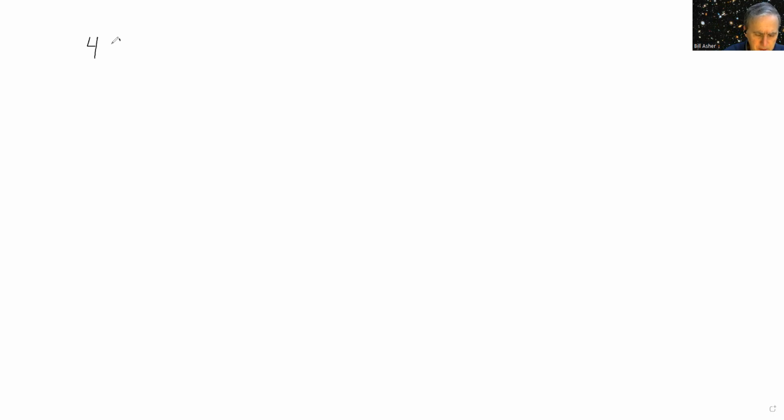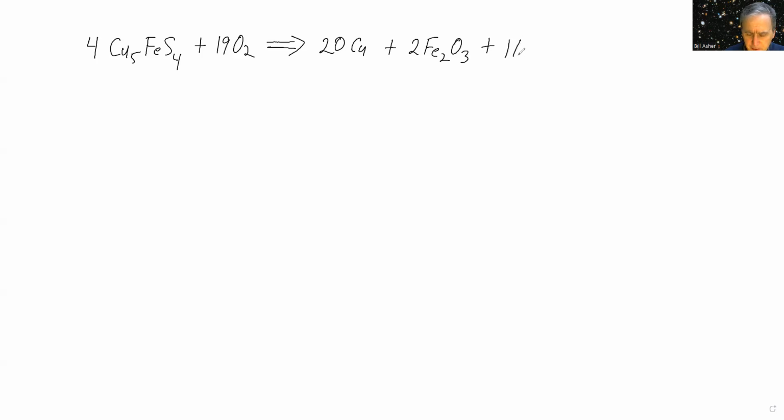So we have 4 Cu5FeS4 plus 19 O2 goes to 20 copper plus 2 iron(III) oxide, Fe2O3, plus a bunch of sulfur dioxide, SO2.